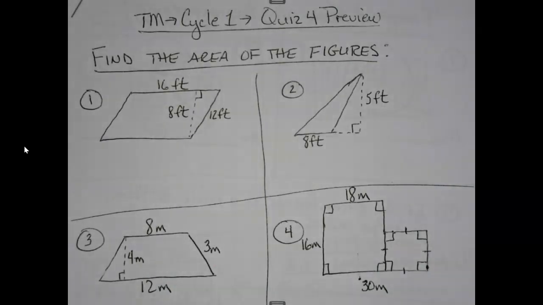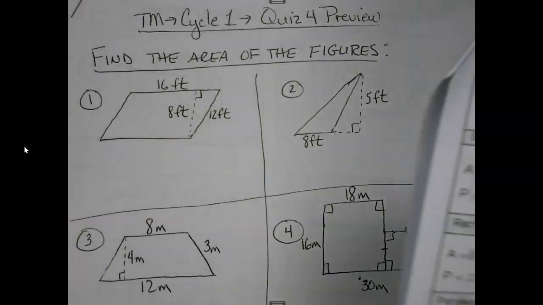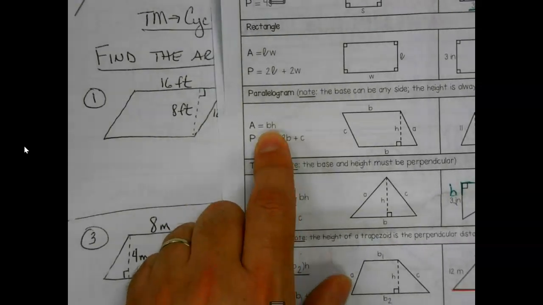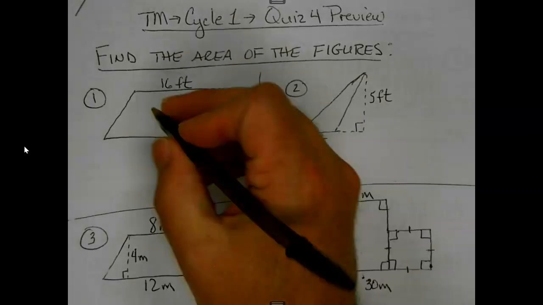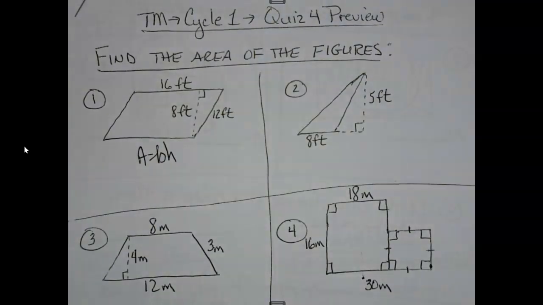So, for instance, I look at this first one and I'm like, all right, looks like a parallelogram. Even with Hardy's drawing, that looks like a parallelogram. And so with a parallelogram, I need base times height, but I got 3 numbers. So here's the question. Which 2 of those 3 numbers am I going to be using?